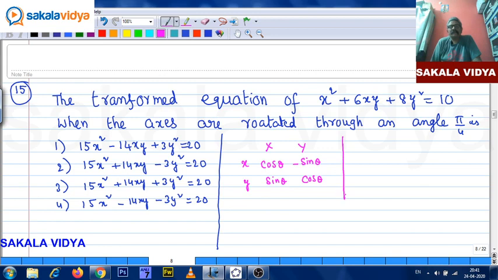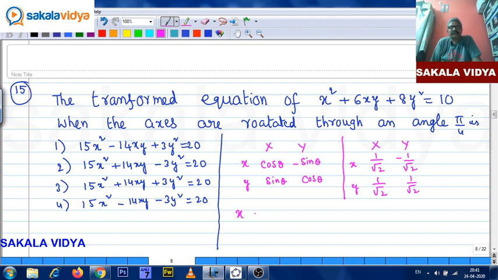Now here, capital X, capital Y, 45 degrees: sin 45 is 1 by root 2, cos 45 is 1 by root 2. So, this is small x and small y.